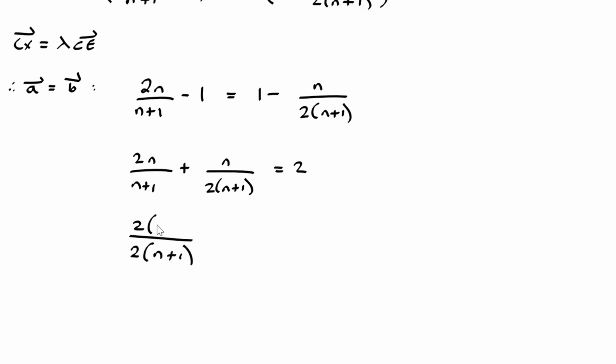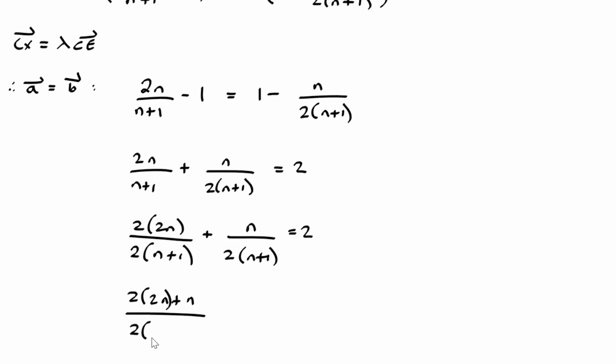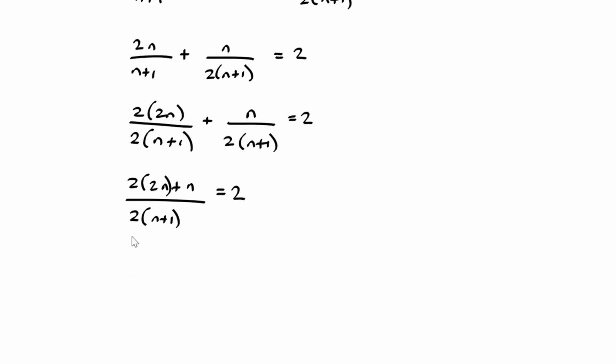On the top we have 2 lots of 2n, and then n over 2 lots of n plus 1, and this is equal to 2. So if I expand and simplify, we have 4n plus n on the top. On the bottom we have 2n plus 2, and this is equal to 2.